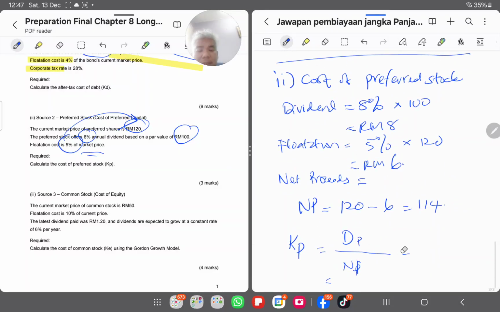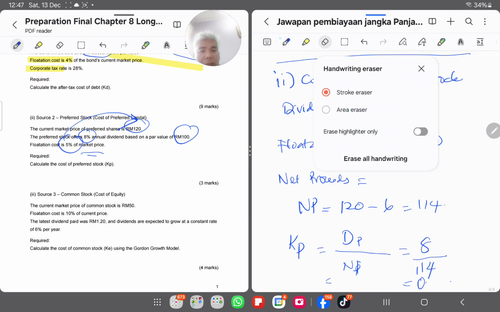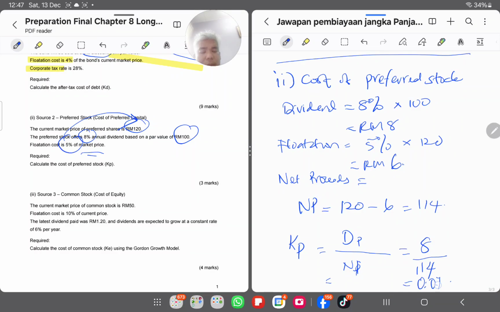DP is 8 ringgit, not percent, right? And NP is 114. Then you will get 0.0702 or 7.02%.